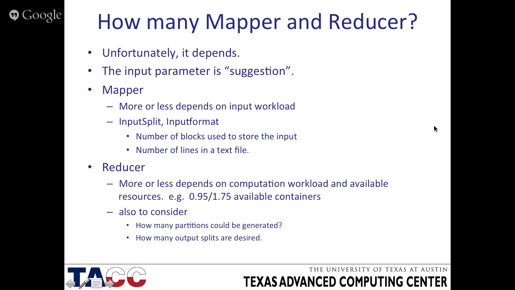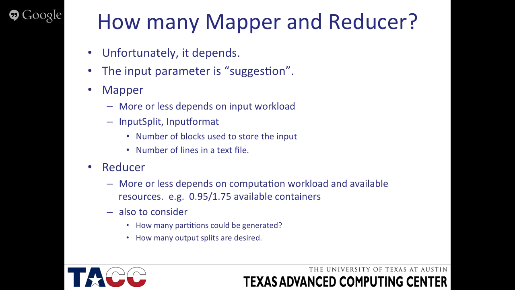Your partitioner will partition into different groups based on how you implement it. Assuming you can always partition out enough groups, the partitioner will decide how many groups to generate based on the number of reducers you specify.